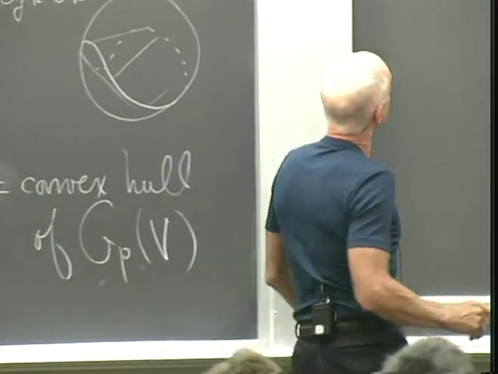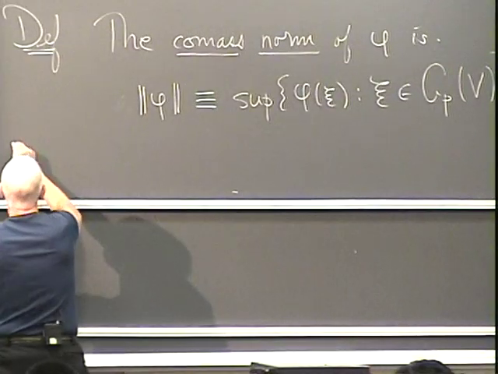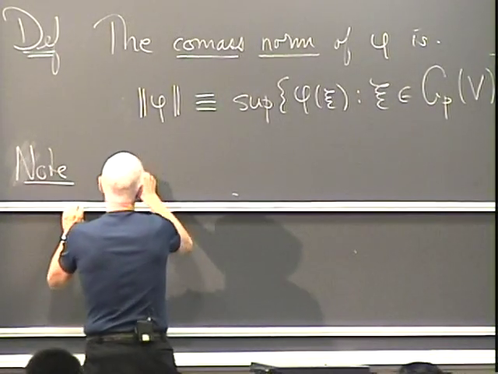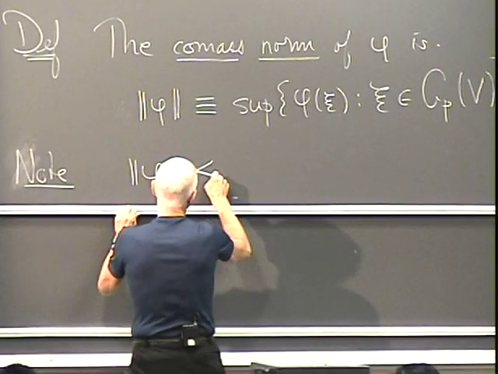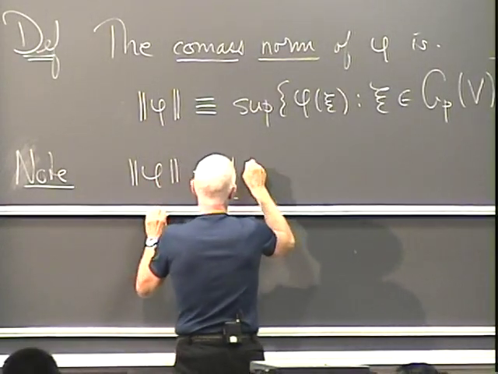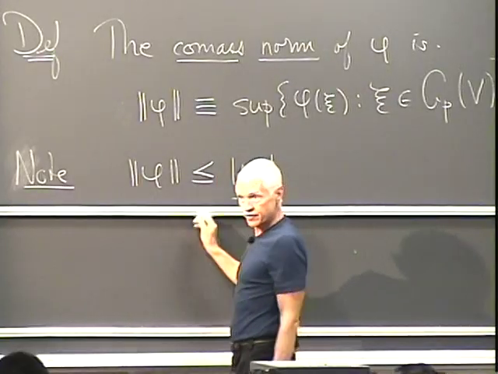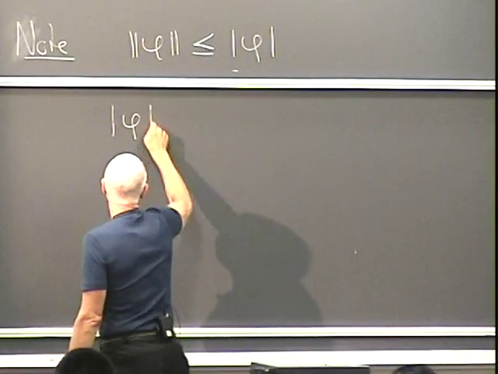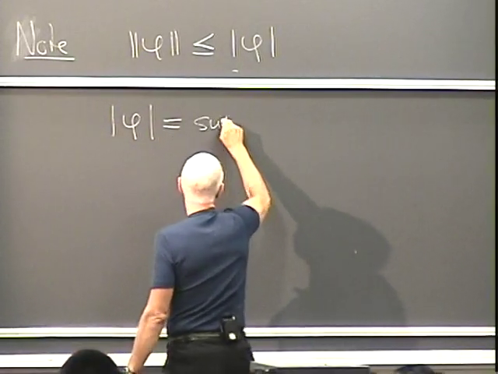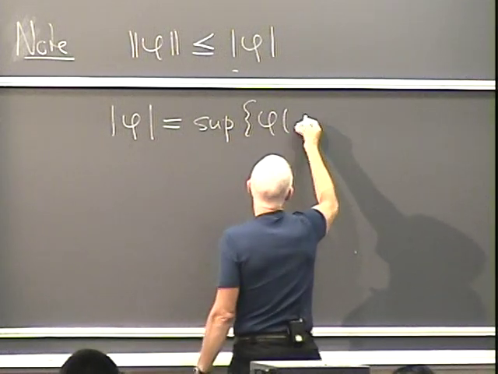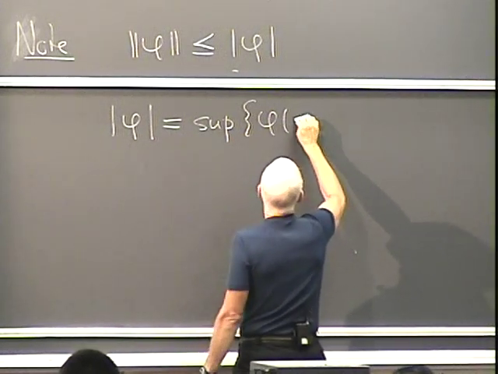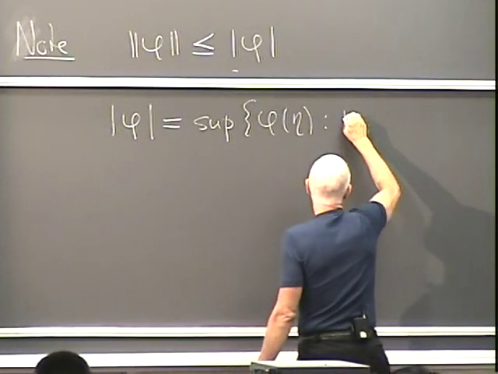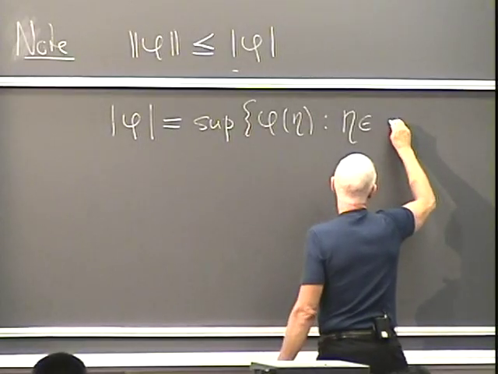Now, one thing to observe is that the co-mass norm of phi is always less than or equal to the Euclidean norm, the usual L2 norm. And that's because the Euclidean norm of phi is simply equal to the sup of phi applied to eta for all eta in the unit sphere.